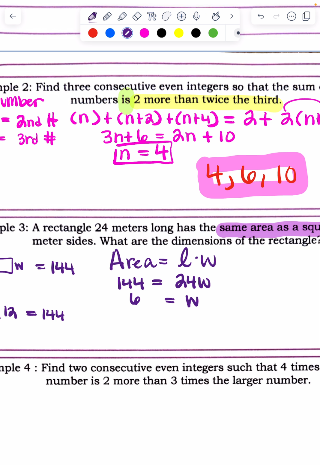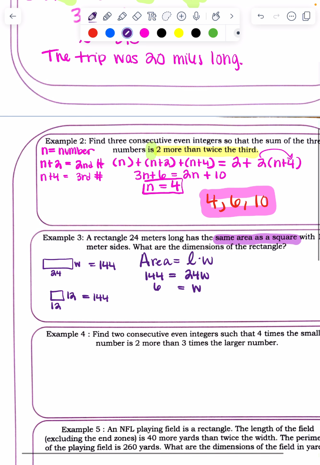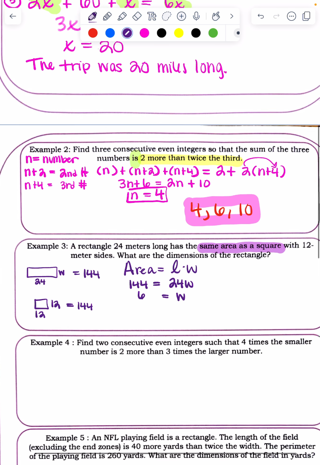All right, so we found the width is 6. So now it's asking what are the dimensions of the rectangle. Well, we did answer that, but we didn't answer that in a full sentence because it's a word problem. We want to say it in a full sentence.